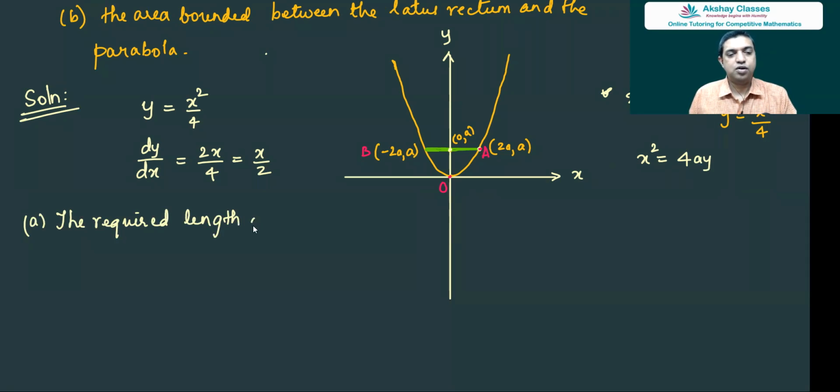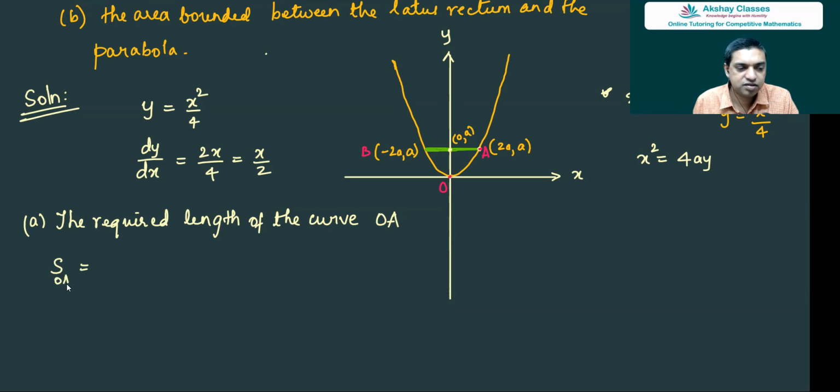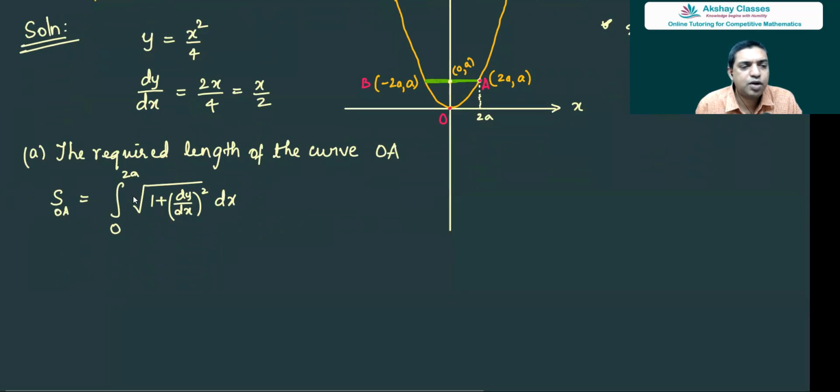The required length of the curve OA, we can represent this as S or L, S_OA, is the integral from 0 to 2a of the square root of 1 plus (dy/dx) squared, times dx, from x equal to 0 to x equal to 2a. So now let us do this.